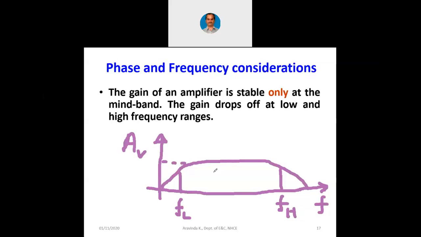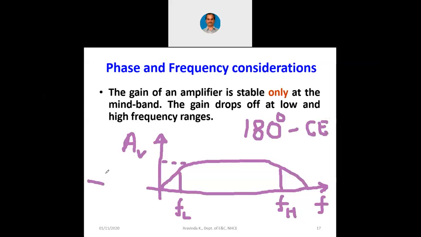So we have been discussing only about the gain response with the increase in frequency, whereas we assumed always that there is a 180-degree phase shift in case of a common emitter amplifier. That is what we thought, and we thought that in all the frequencies there will be this 180-degree phase shift.